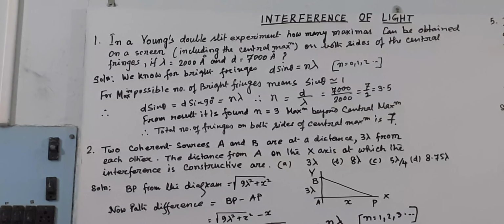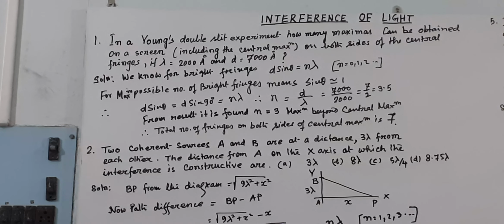We know d sin theta equals n lambda. The maximum possible number of bright fringes is when sin theta equals 1. Under that situation, n will be small d by lambda, 7000 over 2000, which gives 7 by 2, which is 3.5.